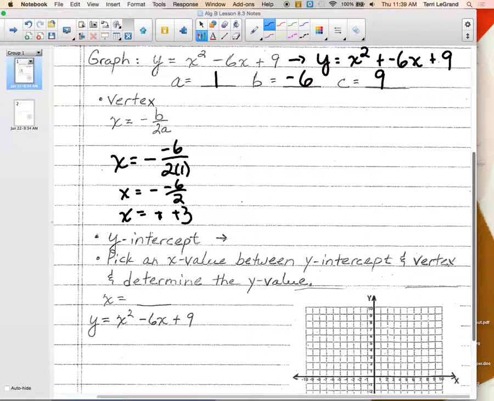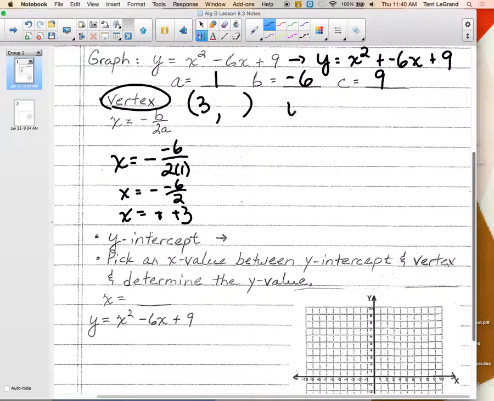Remember, we're finding the vertex. The vertex is an ordered pair. We just found the x value of our vertex. It's 3. Now we're going to have to find the y value of the vertex.